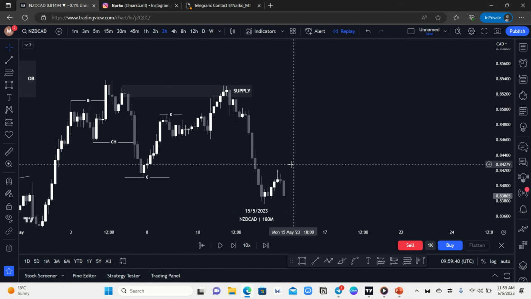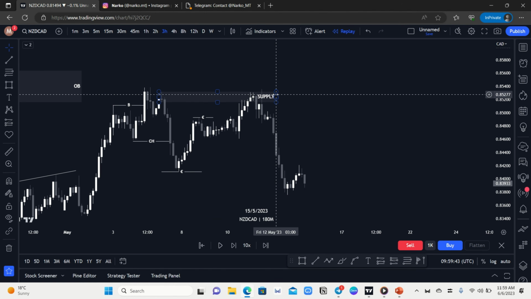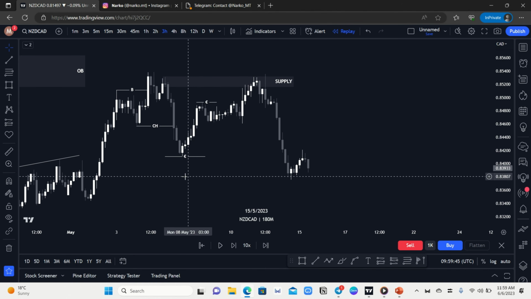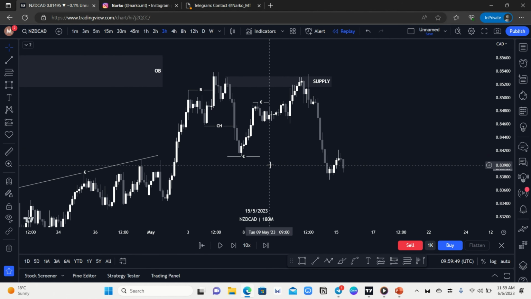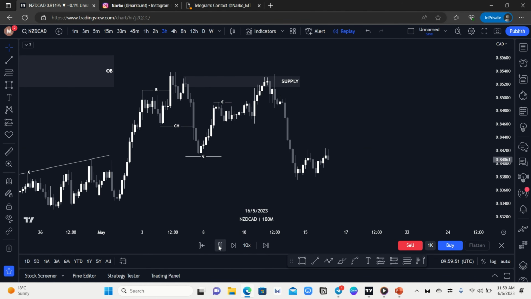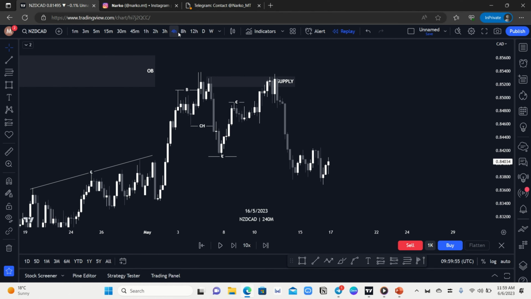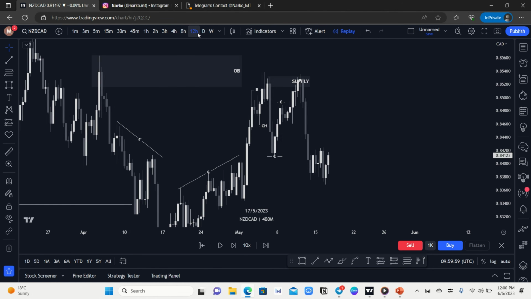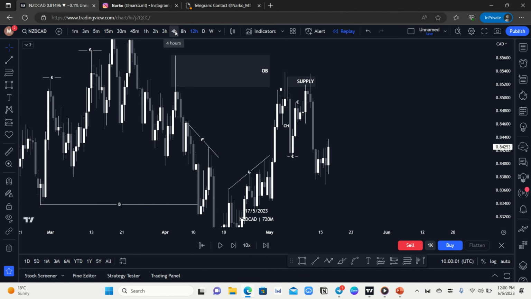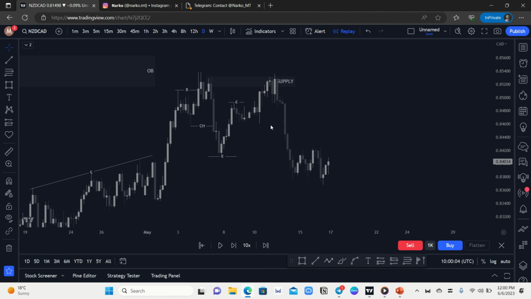Okay, so price eventually pushes to the downside, clearing out our external range liquidity here. Now let's play price and see what happens again. Just looking for something.